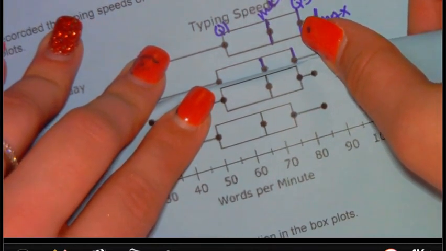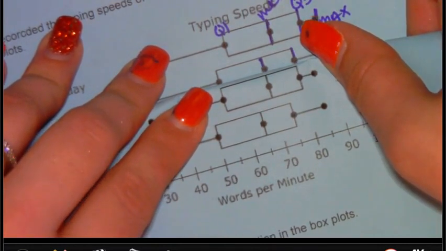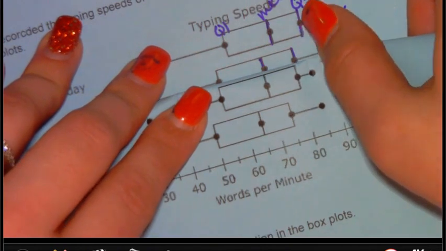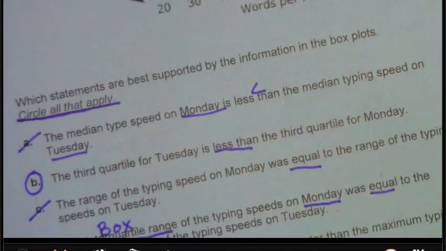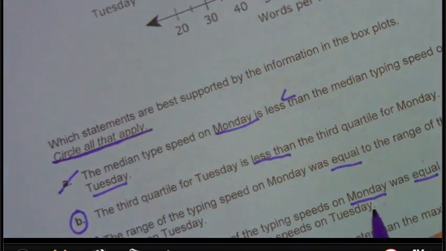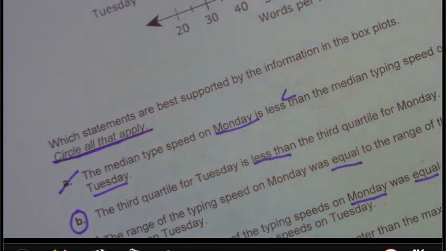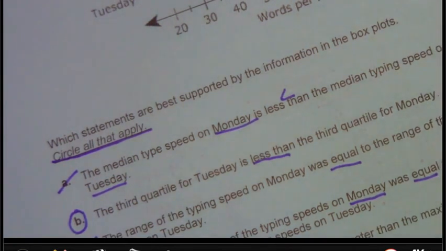Even if I did that or looked at the numbers, I can almost guarantee that both of my interquartile ranges, both of my boxes, are going to be equal to one another. So is my box for Monday equal to my box for Tuesday? Yes.